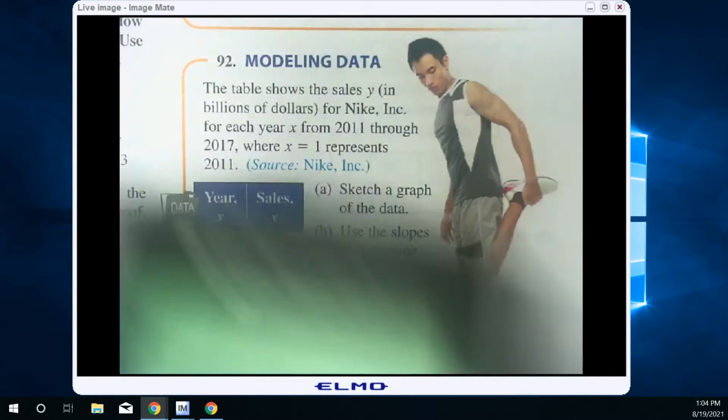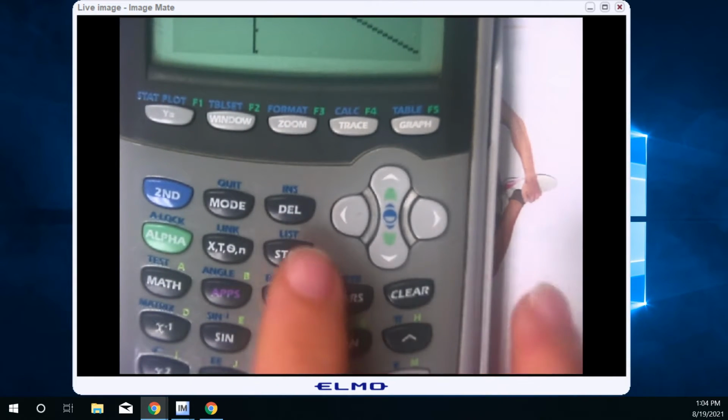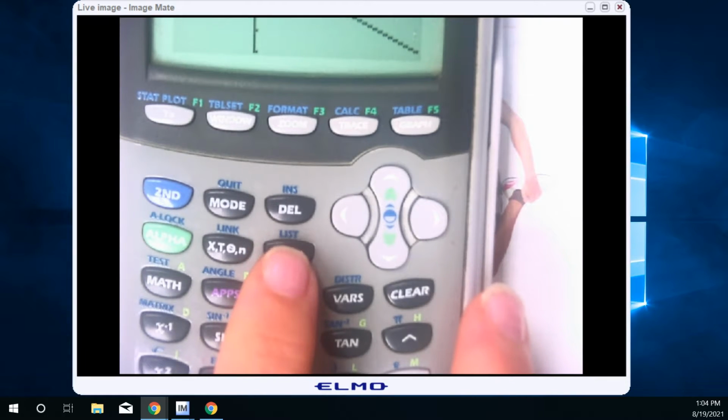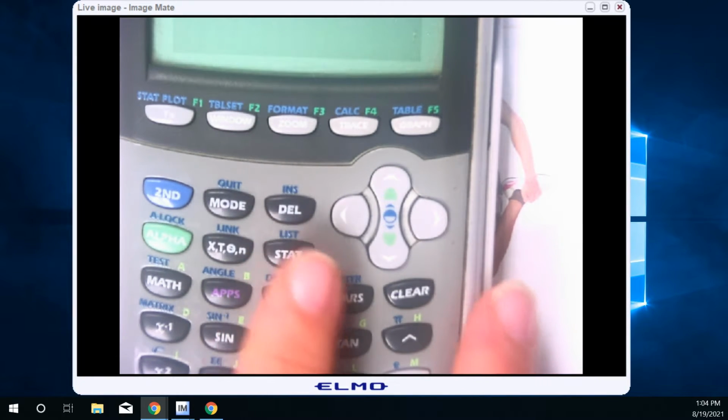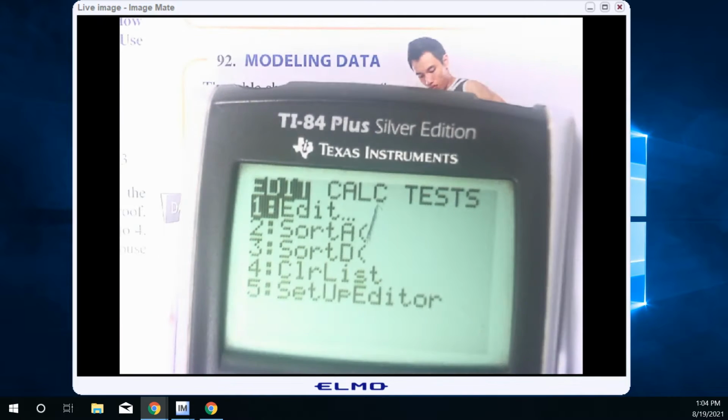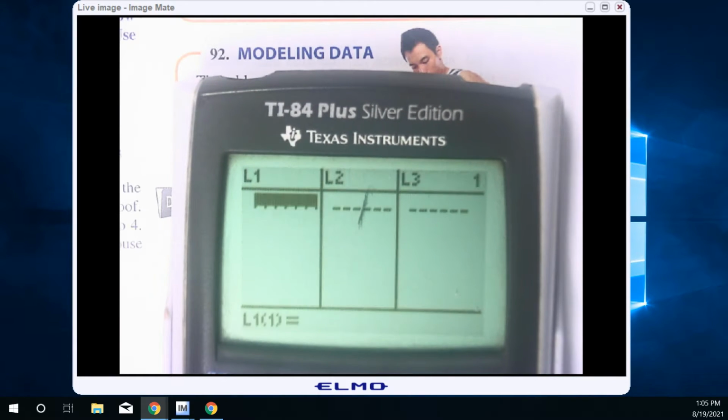You go to second, stat plot. If you push stat right here first and enter in the edit and enter in the table. X is in list 1, Y is in list 2. Make it easy, just type them in. Okay, so stat, edit, and put in your data points first.